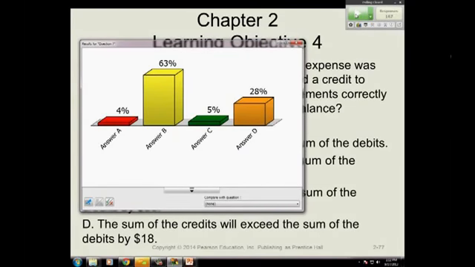Okay. All right, so the answer, by the way, is that if you make the journal entry, here's the way the entry was made. The entry looked like this. So, of course, this, first of all, should have been rent.